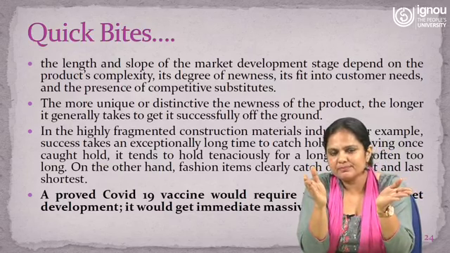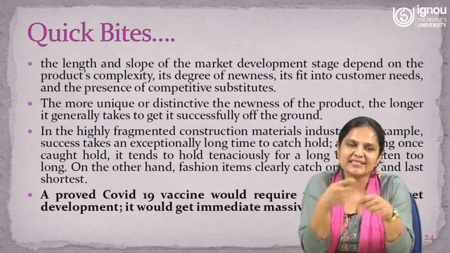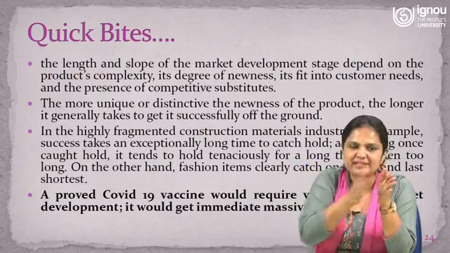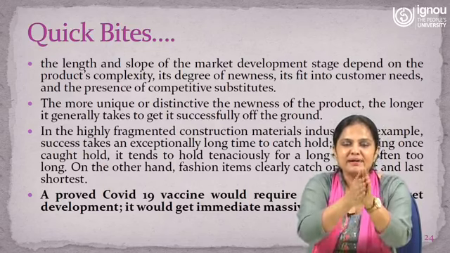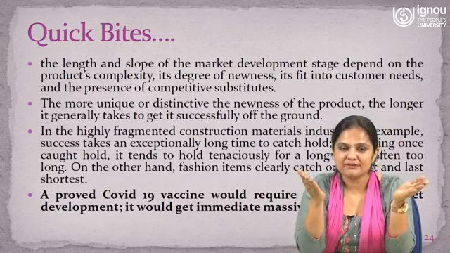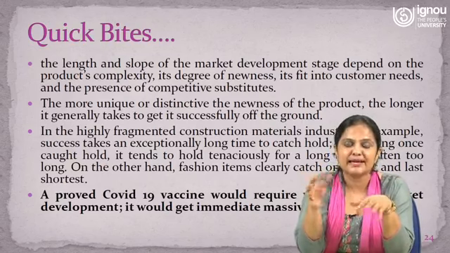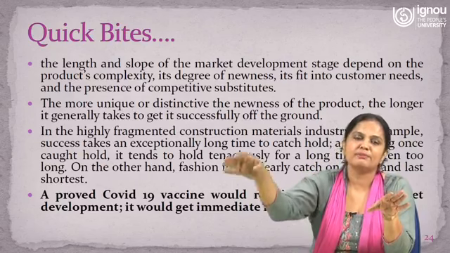Suppose some product is related to fashion items. It will quickly catch up in the market and it can quickly fade away also. It can quickly be phased out. But there are certain products which stay in a particular stage for a longer duration of time. For example, construction material may take time to catch hold of the market, but once it is there, it will be there for a longer period of time.